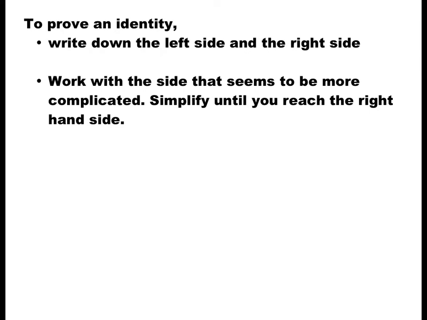To prove that, when you have an expression with a left hand side and a right hand side, we are going to simplify the left hand side until we reach the right hand side.